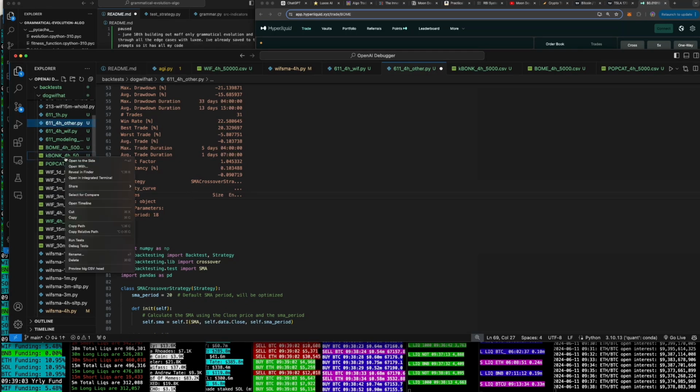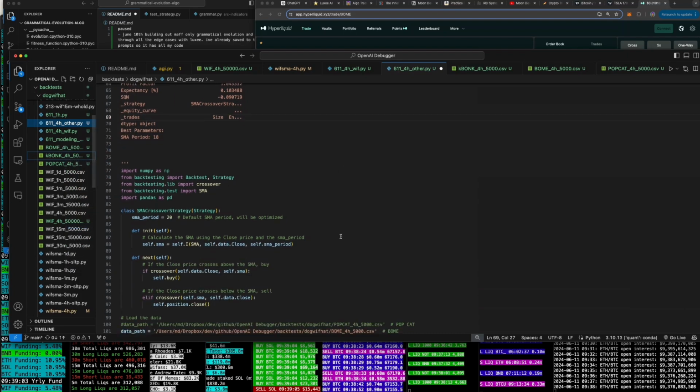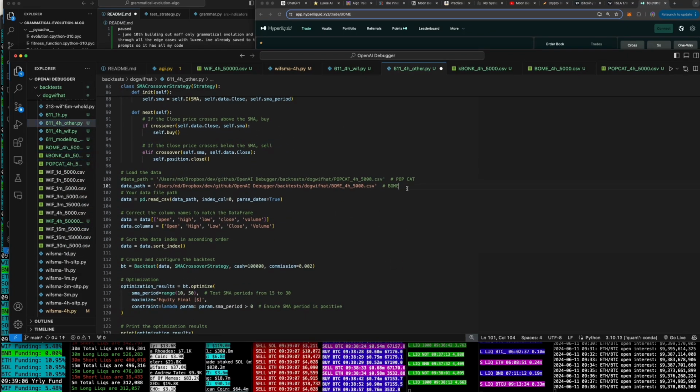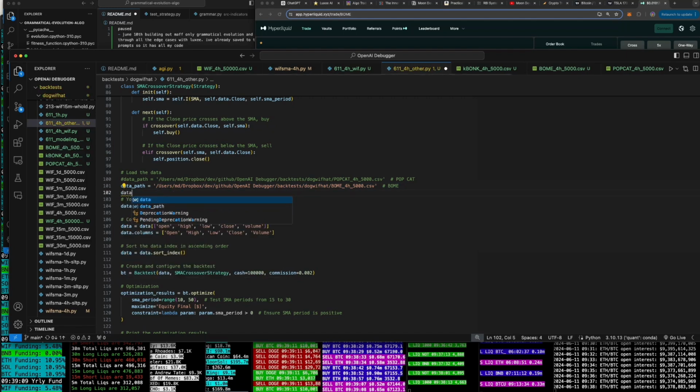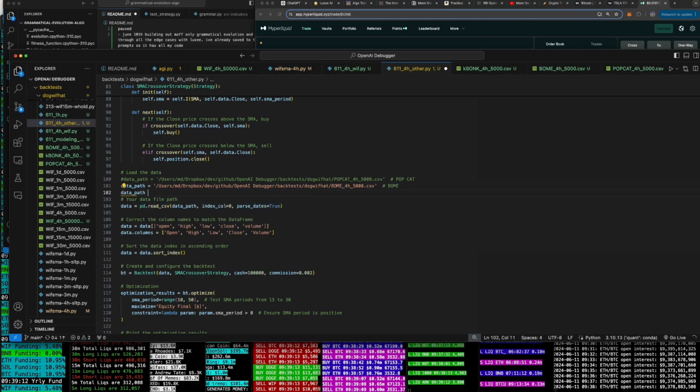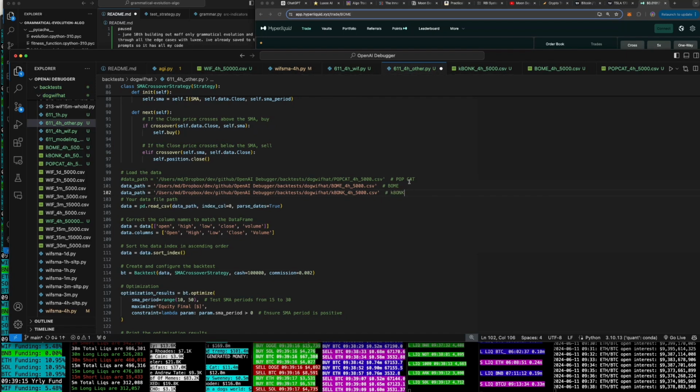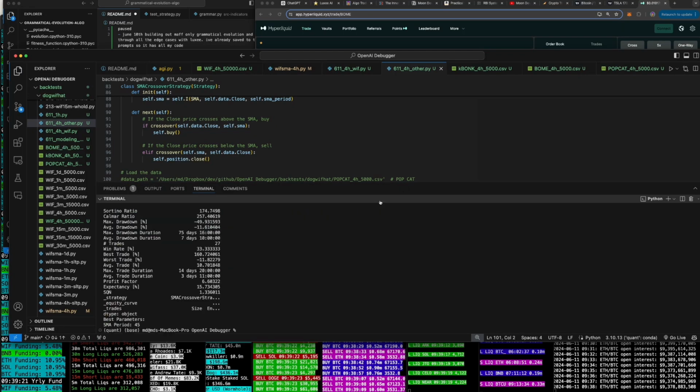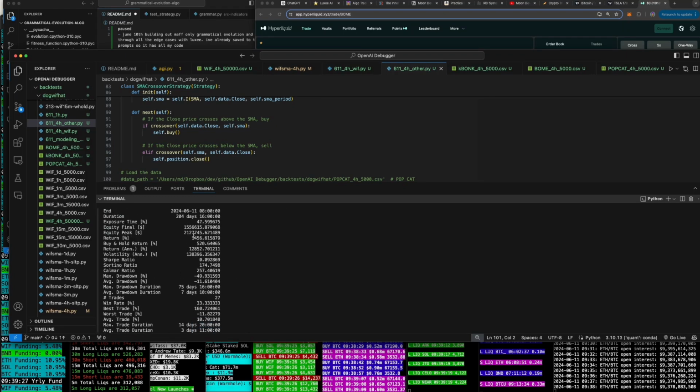K Bonk, let's grab it. Copy path. Let's do a data path equals this. Whoa, how did it know? So magical. You can see profit factor 6.6 here. The return is 14.56 versus 520.